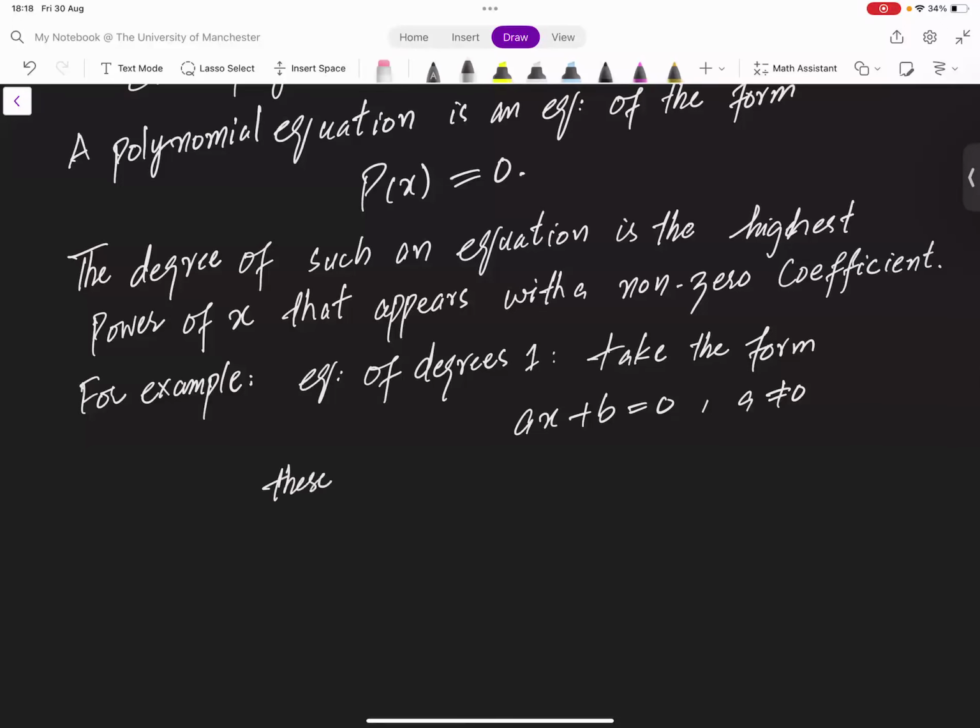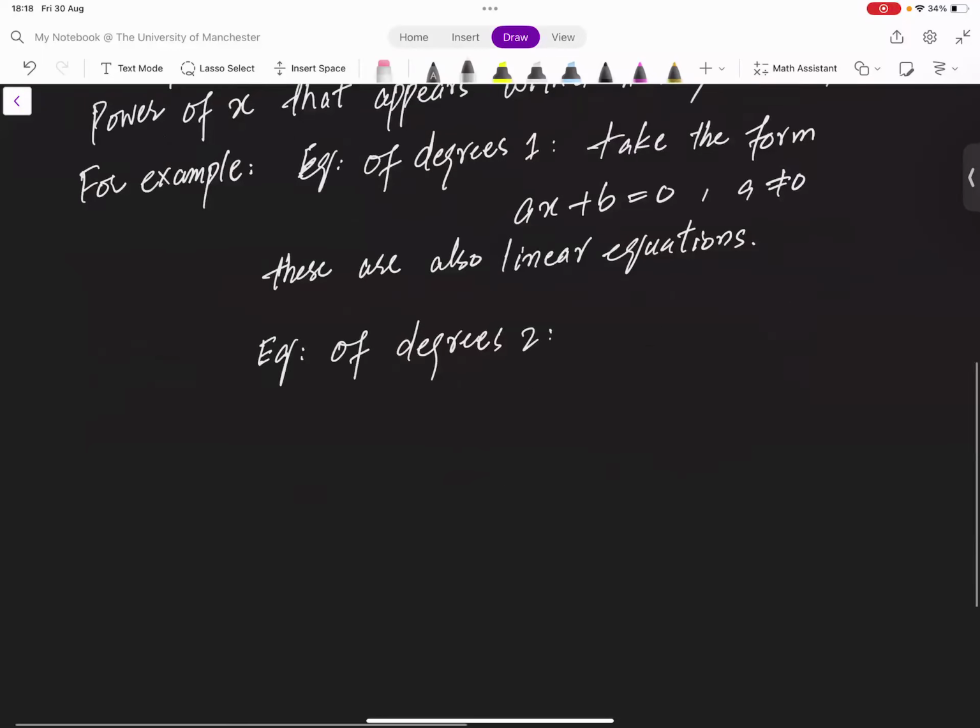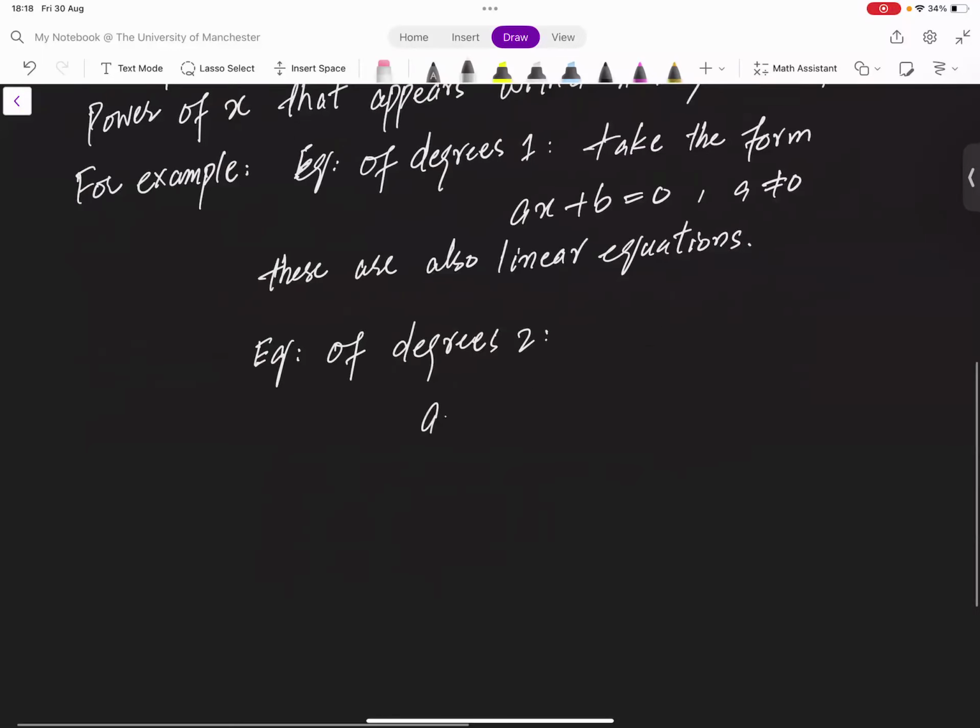These are also called linear equations. Equations of degree 2 take the form ax square plus bx plus c is 0, where a is non-zero.